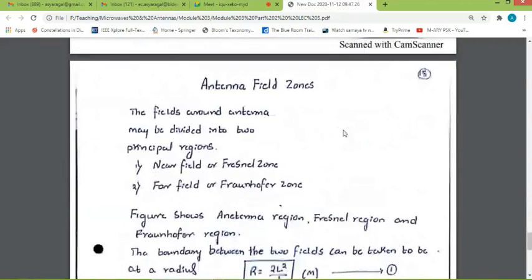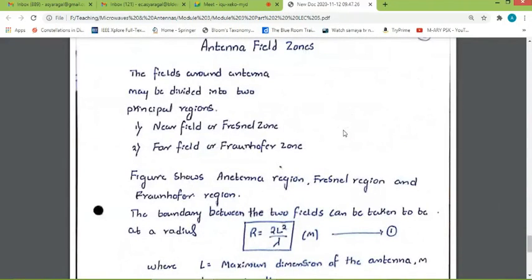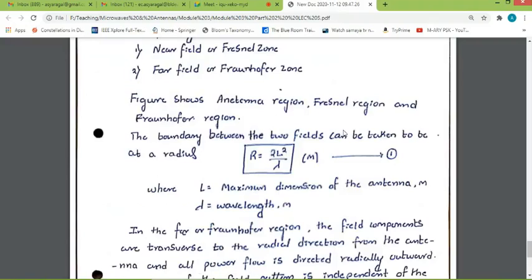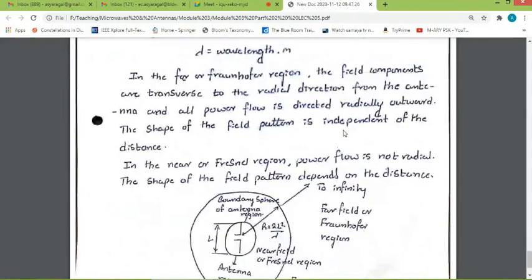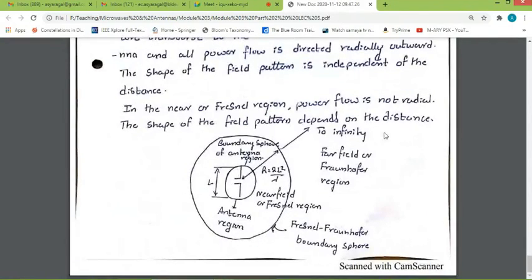Now, last but not the least topic, antenna field zones. What are antenna field zones? Usually the antenna field zones are divided into two: near field or Fresnel region, and far field or Fraunhofer region.